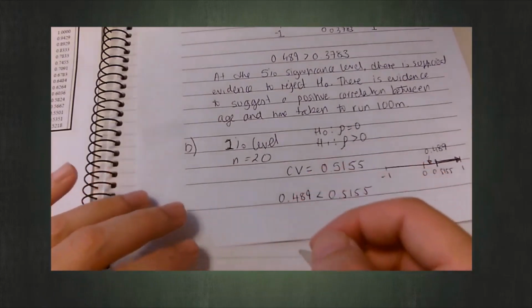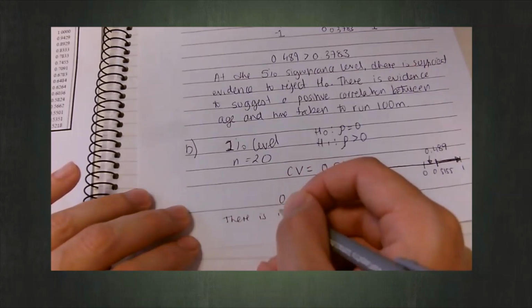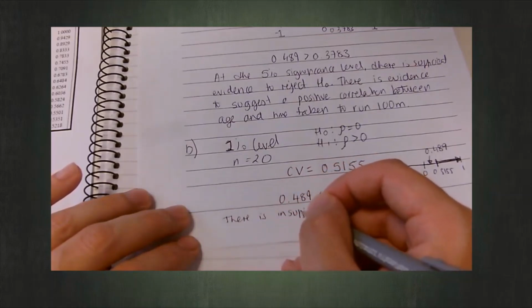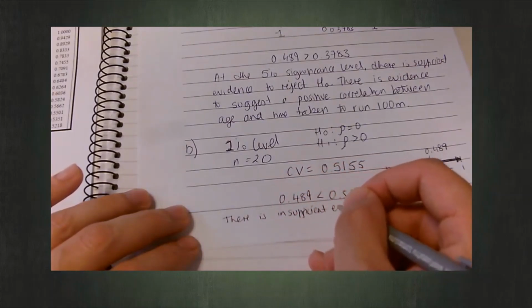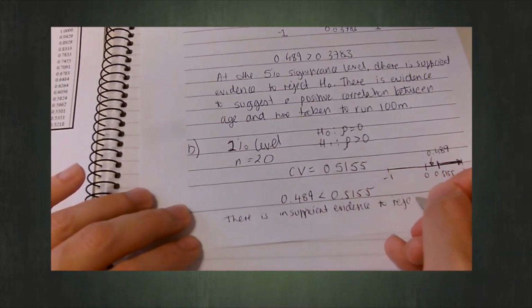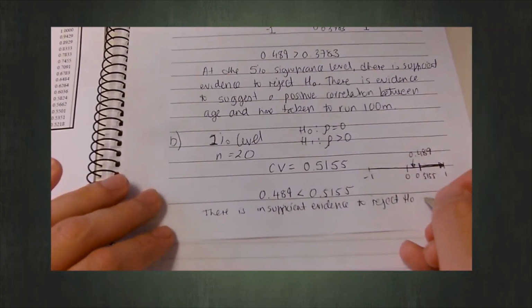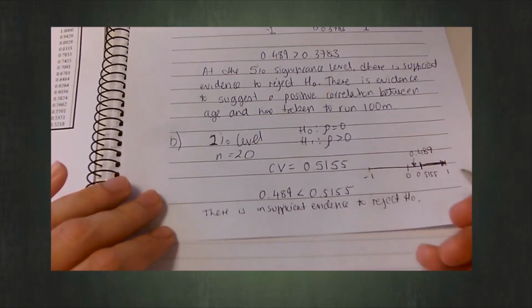Okay, so at 1% level, there is insufficient evidence to reject H naught. Okay, and obviously you'd write in terms of context.